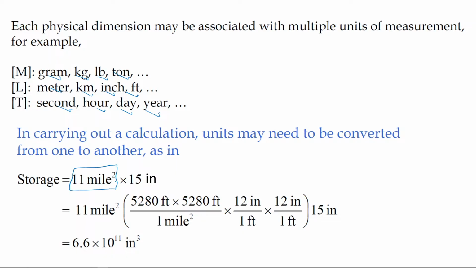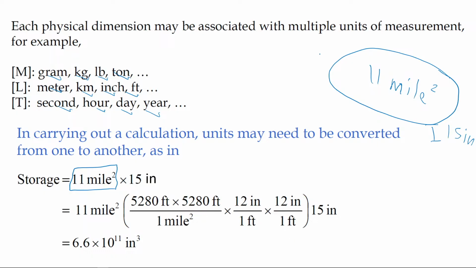My catchment area is 11 miles, and then I have 12 inches of water, and I want the volume storage in inch cubed. Obviously I need to convert this mile to inch because I cannot multiply apples by oranges.